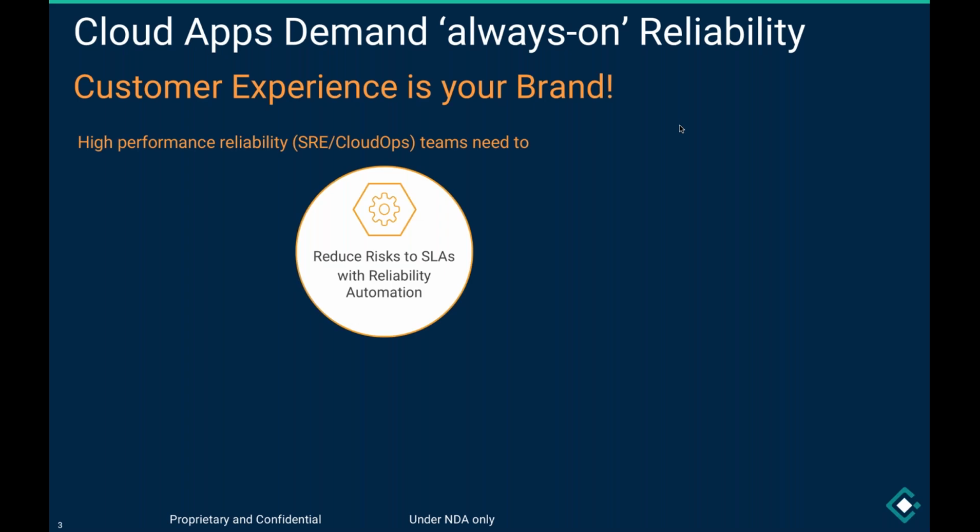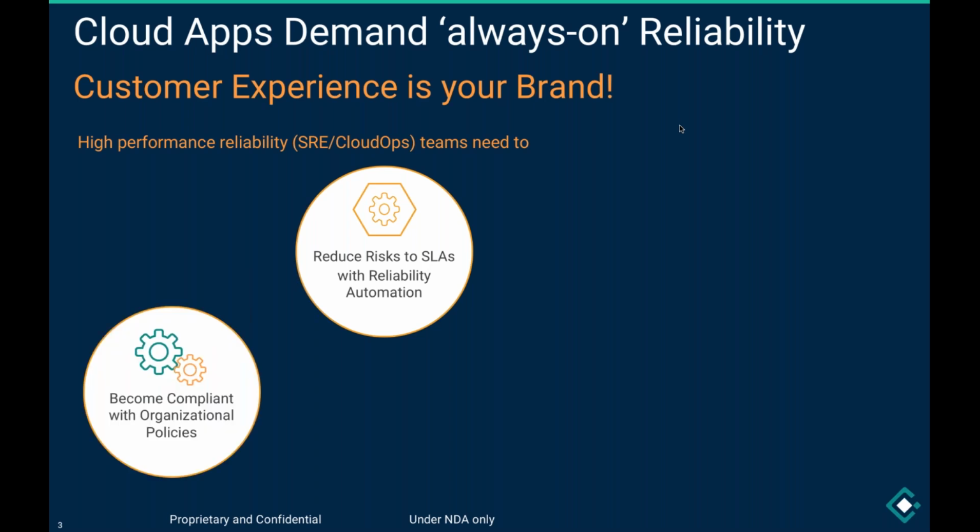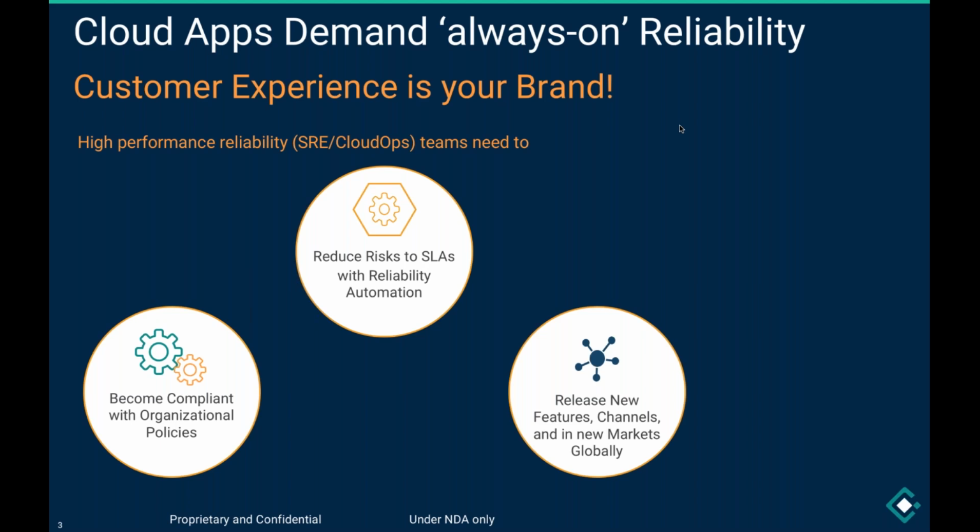So the expectation has changed, and it is up to the customers to actually provide that, because the customer experience is your brand. So high performance reliability teams, SRE or cloud ops teams, they need to reduce the risks to the SLAs of the application by investing in the automation. They also need to become compliant, no matter what. It could be because a regular RTO and RPO compliance, and also the newer SOC 2 type of compliance if you are going for certifications with respect to reliability.